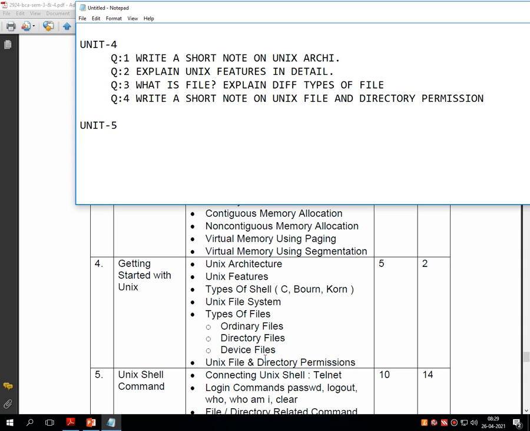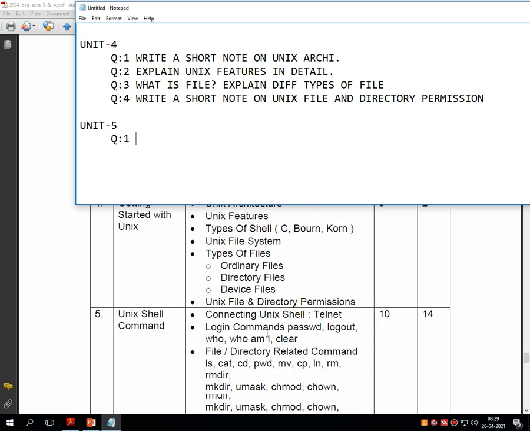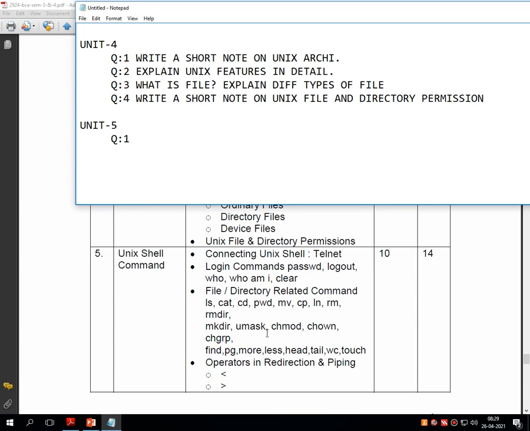Unit number 5. Question number 1. Explain any two login commands with syntax and example.